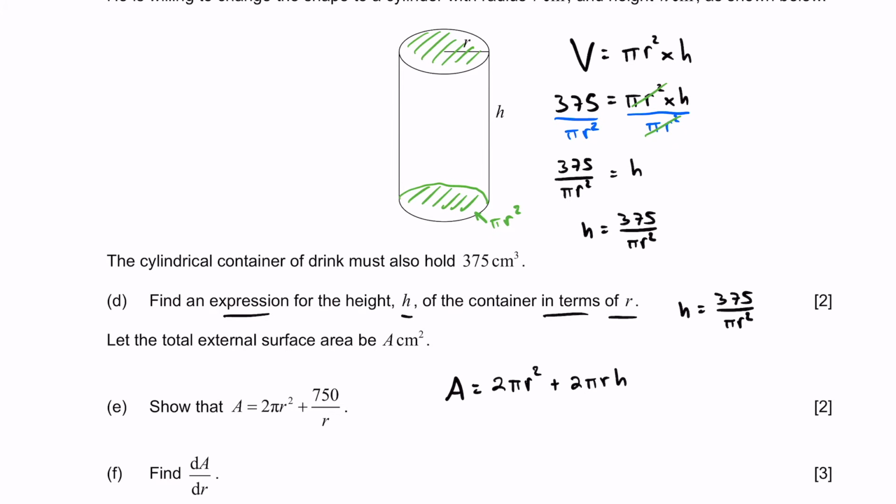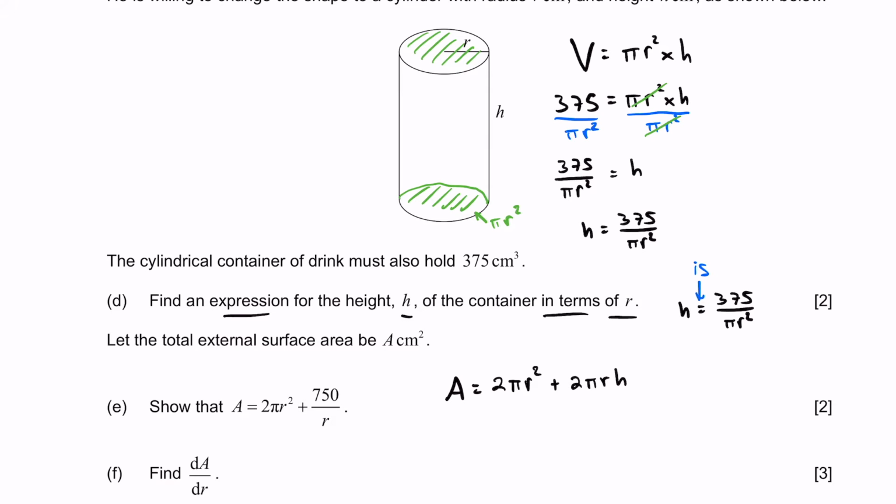Well, one clue is that earlier on they asked us to find h in terms of r, and we've set up an equation where h is 375 over pi r squared. So if we want to get rid of this h, let's just substitute this in for h, because h literally is this.